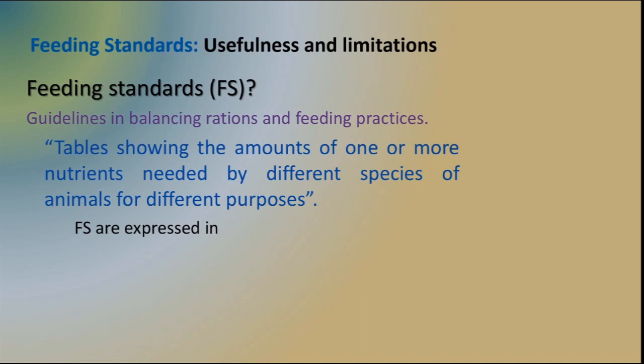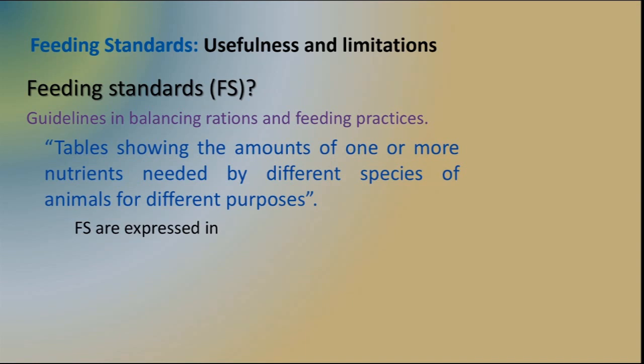So the next question is, from where can we get nutrient requirements, from where is that information available? Generally we say we can get this information from feeding standards. Feeding standards are the guideline in balancing rations and having a particular type of feeding practices.